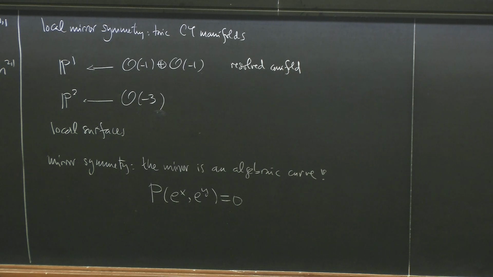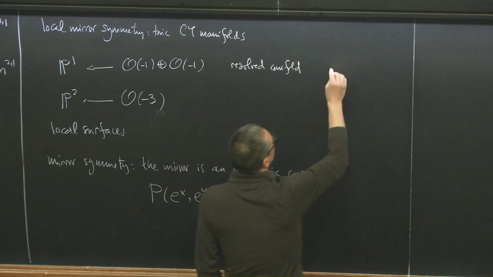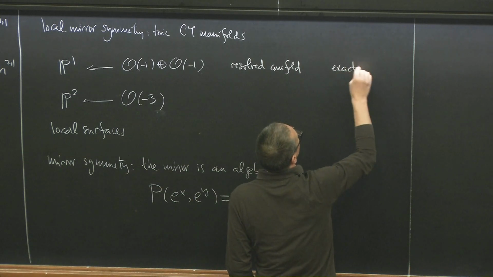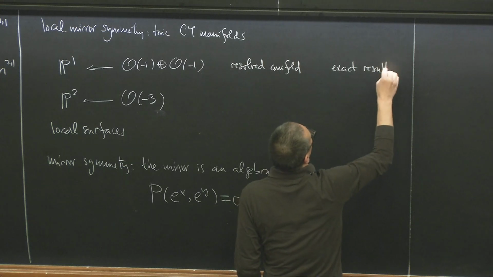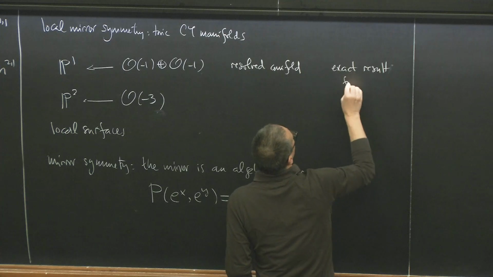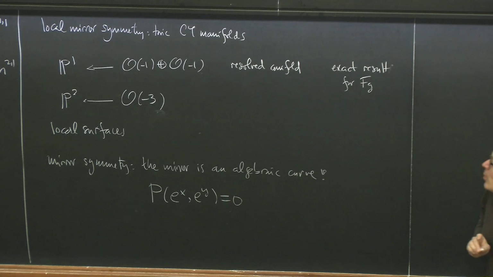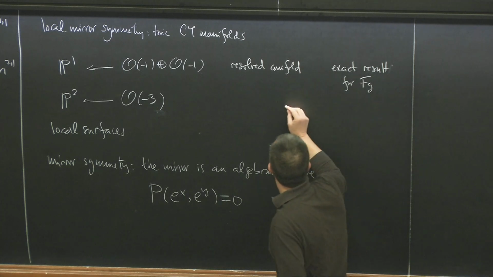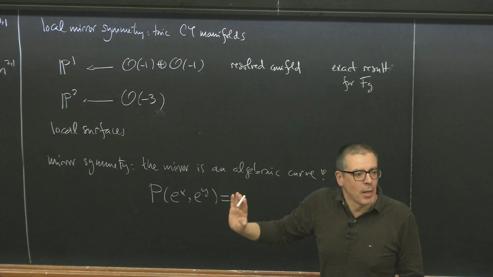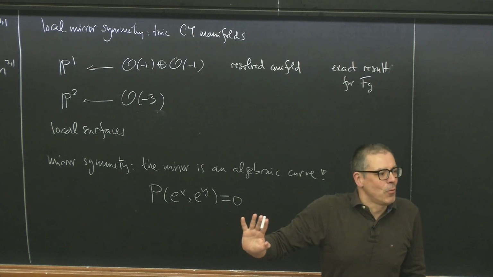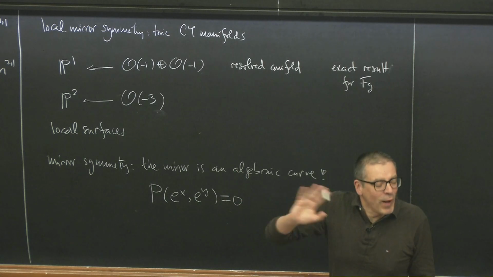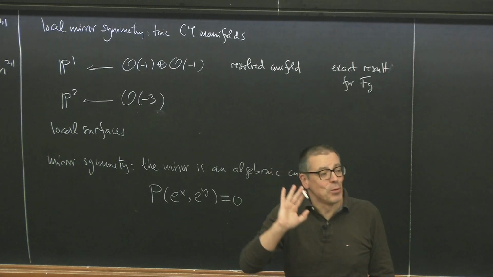So, for example, for the resolved conifold, you get exact results for all g. You get an exact formula for Fg, a closed formula that I'm going to write in a moment. Then for local P2, you can set up a computer program that calculates the Fg's as far as you want, as far as the computer can, let's put it.